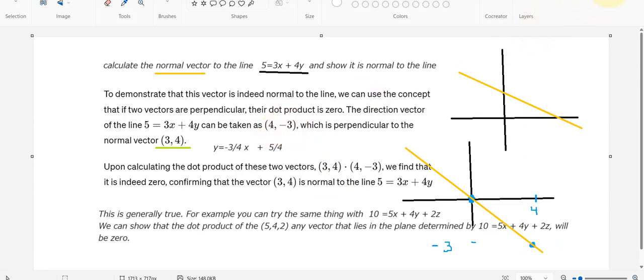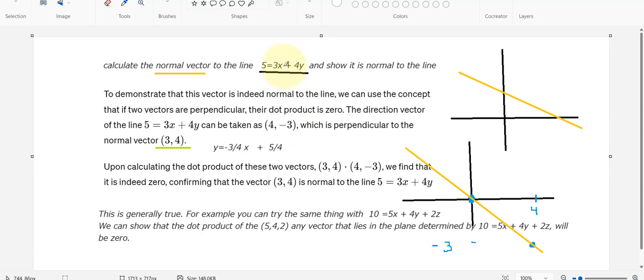Okay, so that is the vector which is parallel to this line, and my claim is that when you take the coefficients and form a vector which is 3, 4, and take the dot product of the 4, -3 with the 3, 4, which I got from here, those two will be perpendicular, so their dot product will be 0. And you can see that that's true because you take 3 times 4 plus 4 times -3, you get 0.